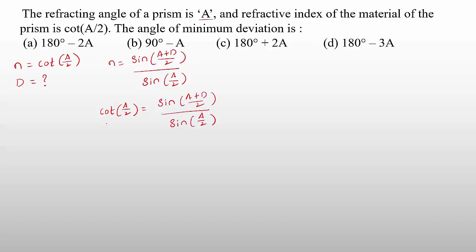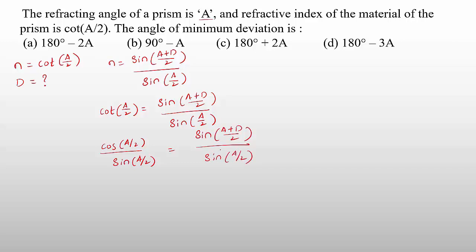Now instead of writing cot we can write cos by sine. So cos of A by 2 divided by sine of A by 2 is equal to sine of (A plus D) divided by 2 whole divided by sine of A by 2.